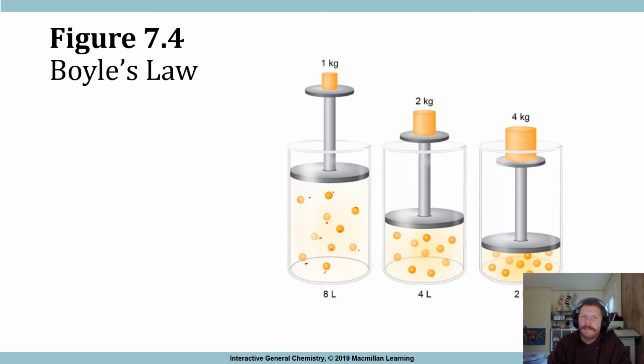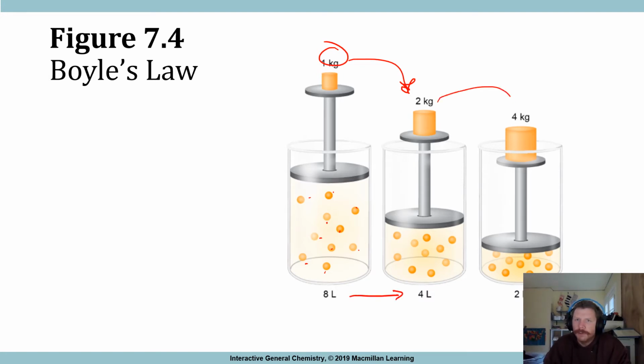If we double that mass, we go from 1 kilogram to 2 kilograms. Now all of a sudden, that same gas at the same fixed temperature, this piston gets depressed downward and our volume drops from 8 to 4 liters.